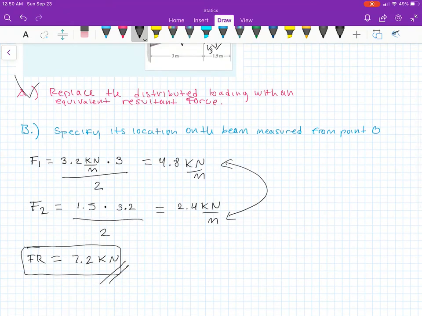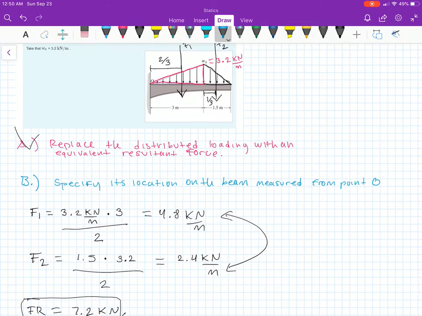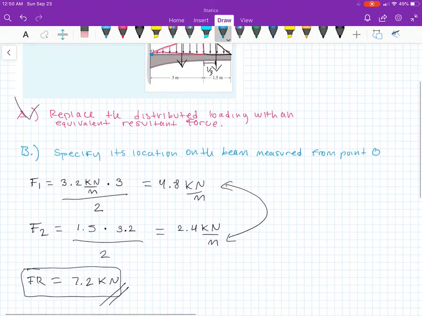Now for part B, specify its location on the beam measured from point O. Okay. So O is right here, and we want its location on the beam measured from point O. Perfect.